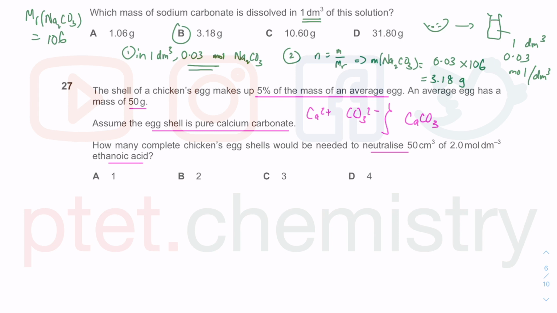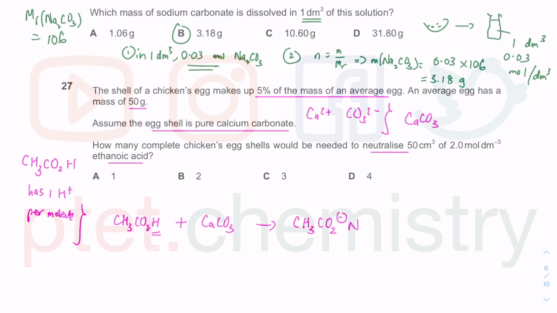I might have to give the information for etanoic acid, which is CH3CO2H. So what happened there is etanoic acid has 1 H plus per molecule. So it's going to behave like HCl. So if you have CH3CO2H, when you react it with calcium carbonate, you can donate the H plus and you get CH3CO2 minus, and then you're going to get calcium 2 plus, and we have a problem there already.